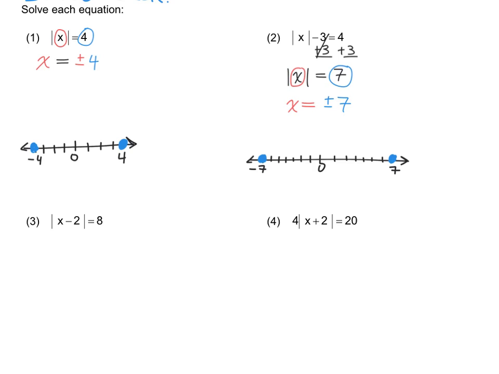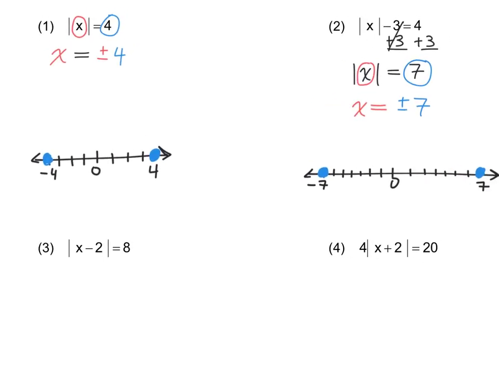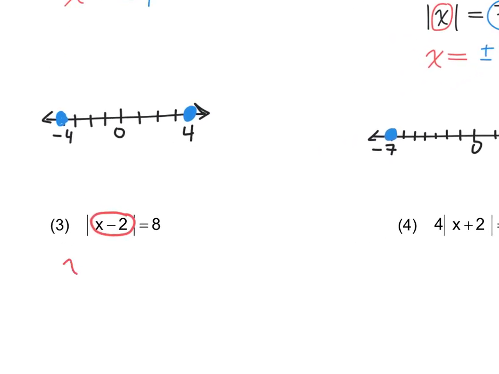All right, numbers 3 and 4 require a little bit more, but not much more. I mean, we're not really going crazy here. With inequalities, it can get a little tricky, but we're not at inequalities yet. So let's enjoy this while we can. Take whatever is within the absolute value and set it equal to plus or minus the right-hand side.